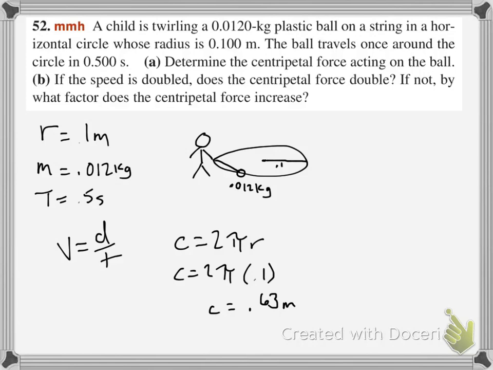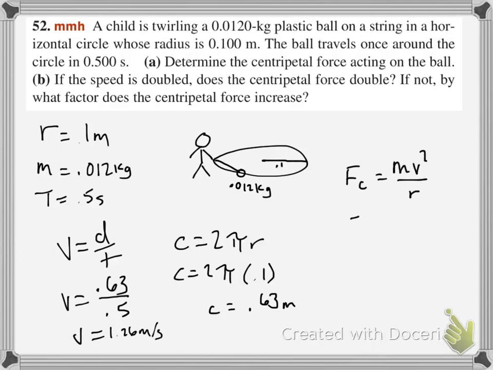So now we have what is necessary to find the velocity. That should be easy. Just plug in 0.63 over 0.5, which will give you a velocity of 1.26 meters per second. Simple enough. So now that we have the velocity, the radius, and the mass, we can use the formula for centripetal force, which is mv squared over r.